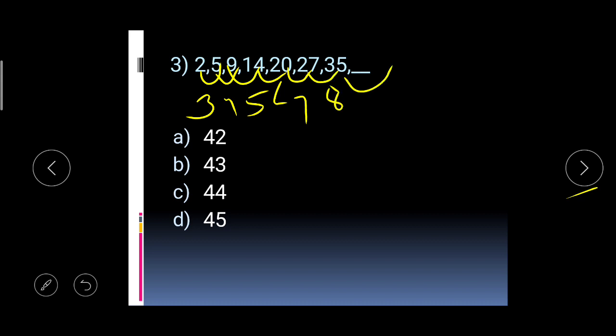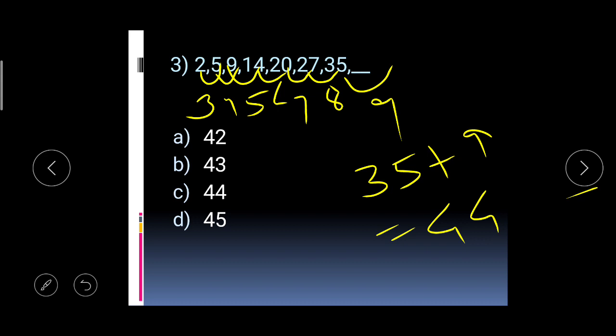So, what is the next difference? If it is 3, 4, 5, 6, 7, 8, again it has to be a difference of 9. So, we have to add 9 to 35. We will get 44. So, our answer will be 44.